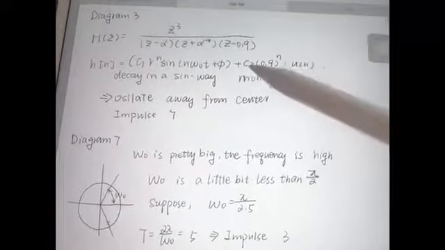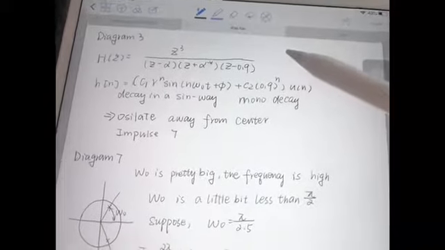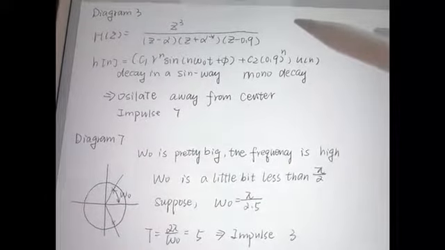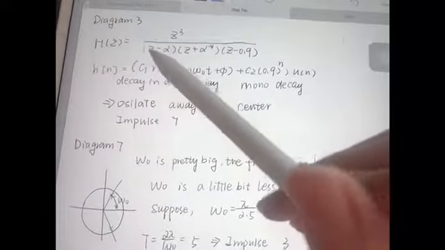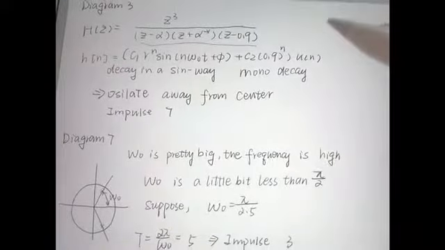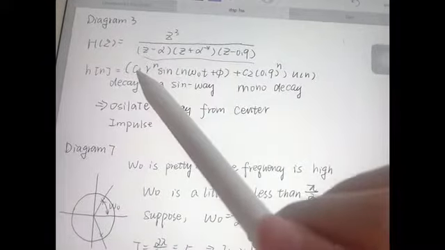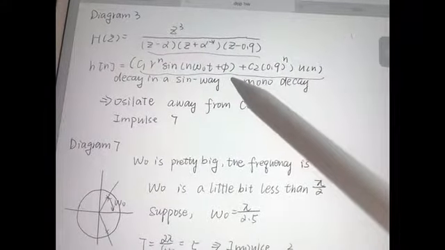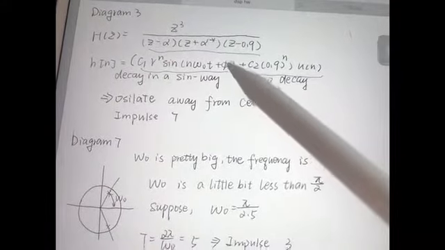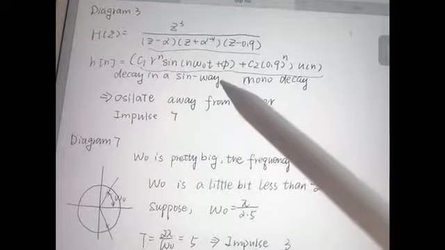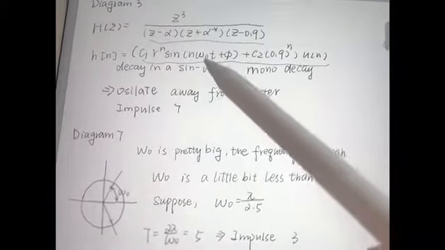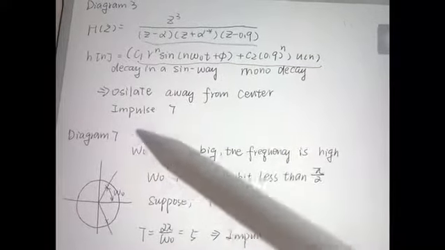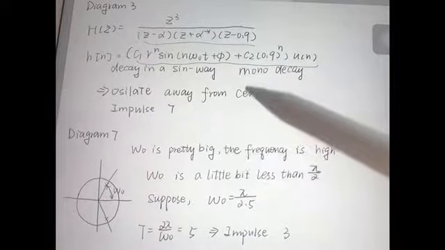It can be written into this expression, and it's a little bit complicated, but we can write it into this form and do the inverse transform. It can be written into this. The first part is an expression with the sine function. That means this part will decay in a sine-like way, which will oscillate.